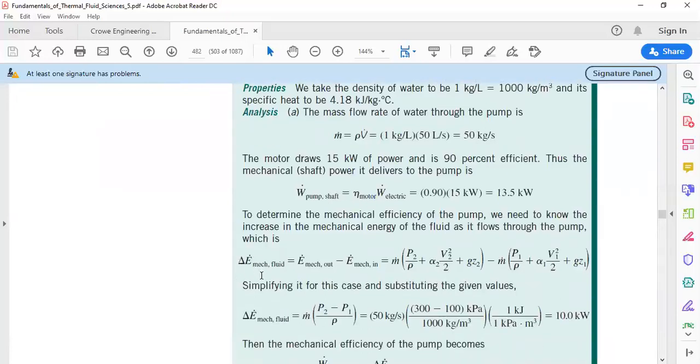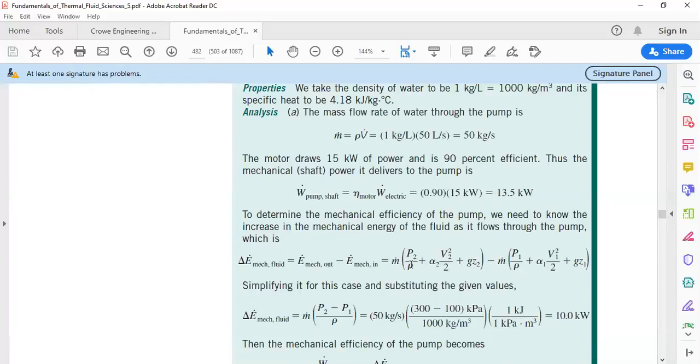Now, the mechanical power increase of the fluid equals the mechanical power output minus the mechanical power input. The mechanical power output from the pump is the mass flow rate times the flow energy plus the specific kinetic energy plus the potential energy.